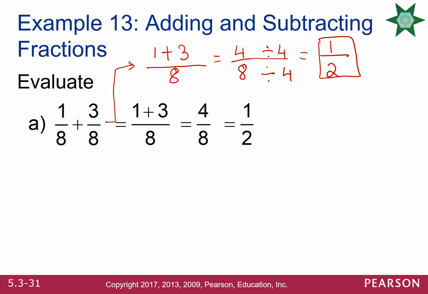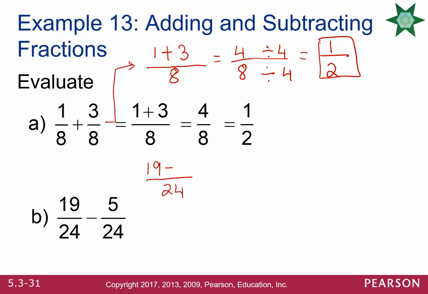So let's see if they have an example on subtraction. Here we have 19 divided by 24 minus 5 divided by 24. When the denominators are common, it makes things simpler for us. So we write the common denominator once and subtract the numerator values. 19 minus 5 for a value of 14 over 24, right?